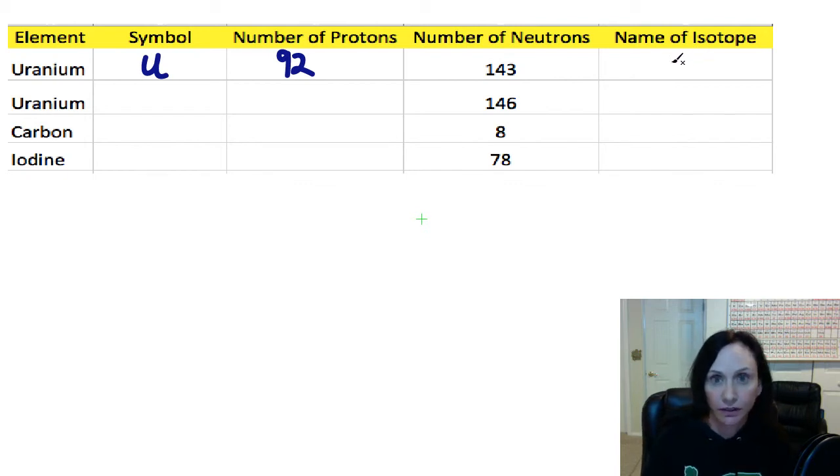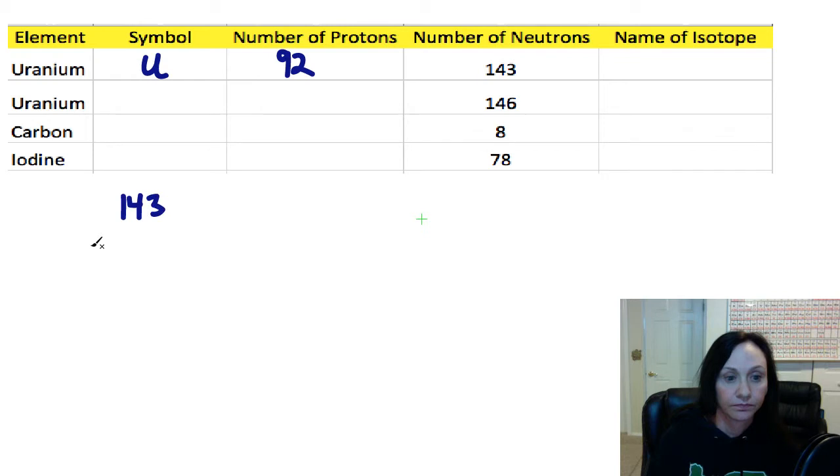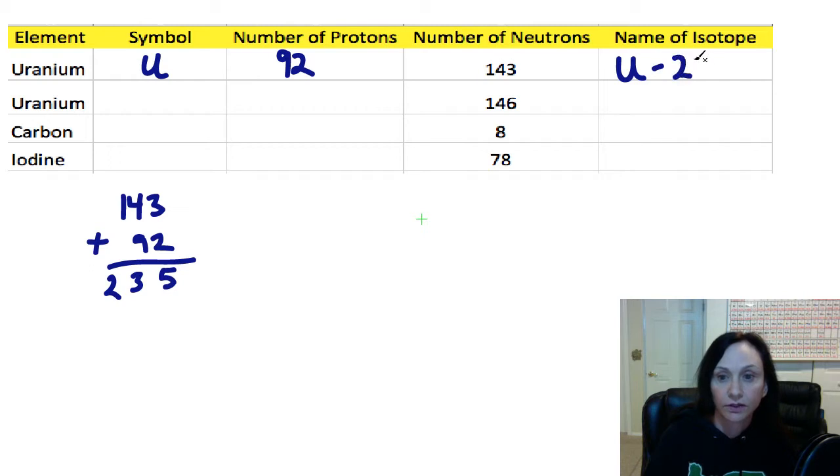In order to do that, we need to find the mass. So we will take 143, the number of neutrons, plus the number of protons, 92, is 235. We name this uranium 235.